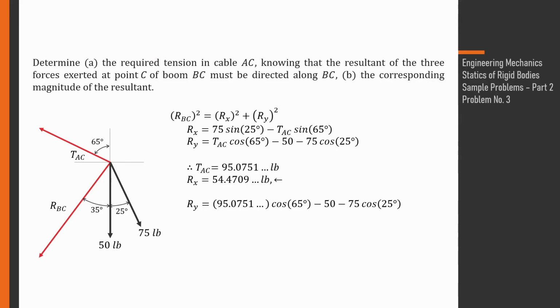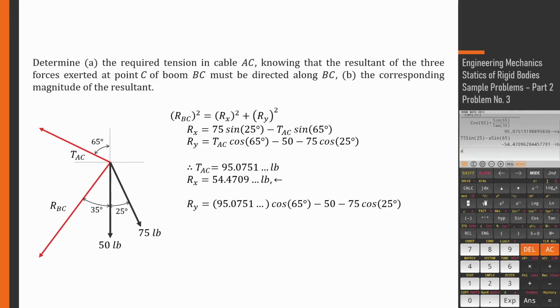Then our y is equal to the tension in cable AC cosine 65 degrees minus 50 minus 75 cosine 25 degrees. So negative, stored at C, negative 77.7925 and so on pounds. So negative values mean downward.